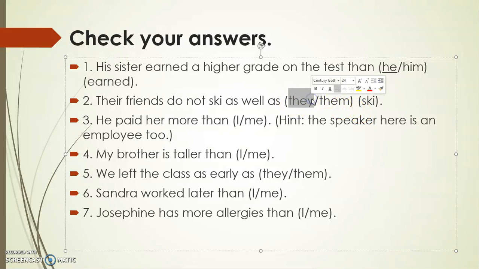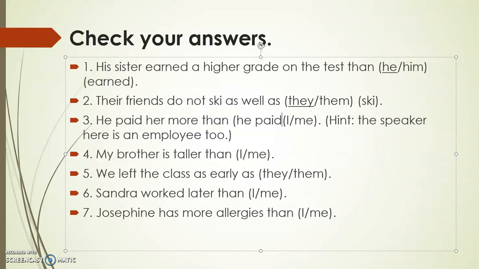You wouldn't say them ski. He paid her more than he paid me. And that's why I put the hint there that the speaker, or the writer, I guess I should have said, is an employee also.